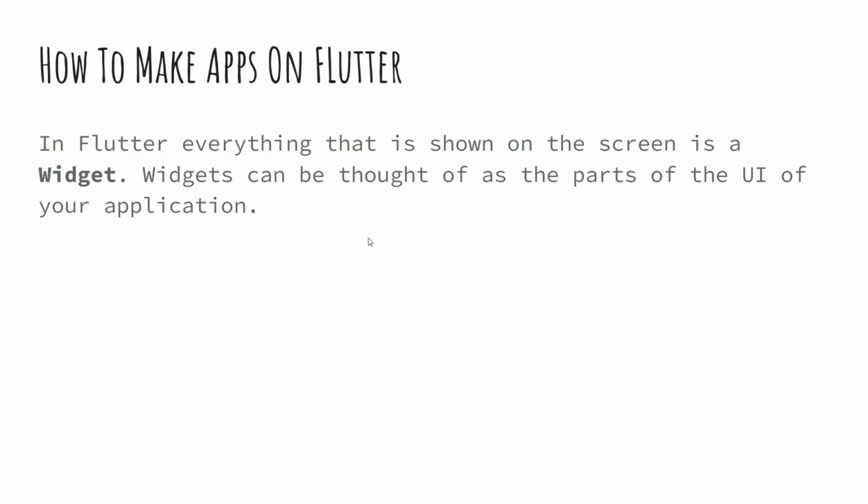Like on my slides, if I made this with Flutter, this heading, how to make apps on Flutter, would be a widget. This paragraph over here, describing what widgets are, would be another widget. In fact, the whole screen would be a widget. You can think of a widget as anything that you will see on the screen of your app.